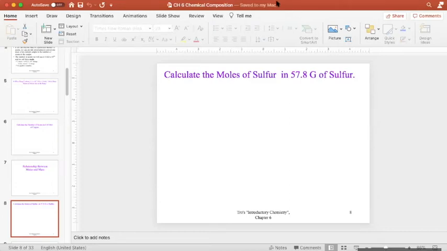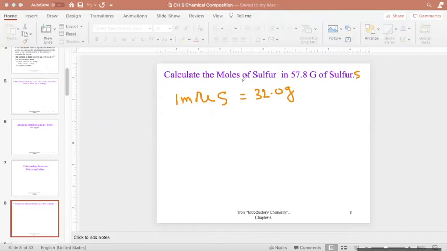So I can solve this thing like that. I know 1 mole of sulfur, S, is equal to the atomic mass of sulfur, and we just saw from the periodic table it was 32 grams, right, from the periodic table.